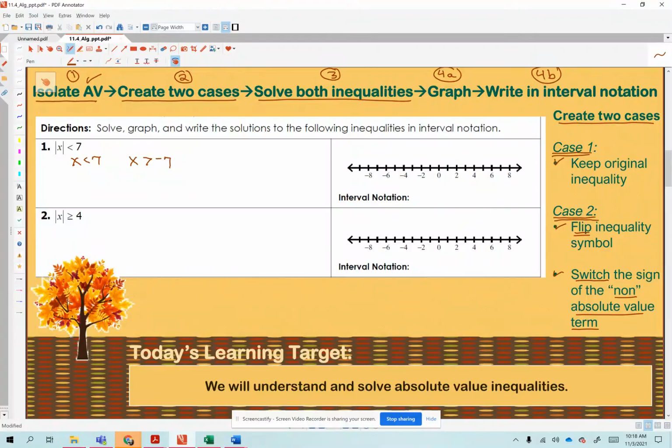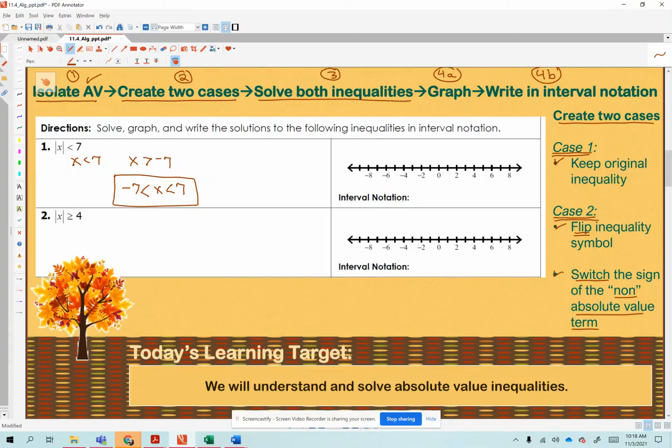So these are already solved. And the way we can write this is -7 is less than x. Think about this. And x is less than 7. So let's graph.